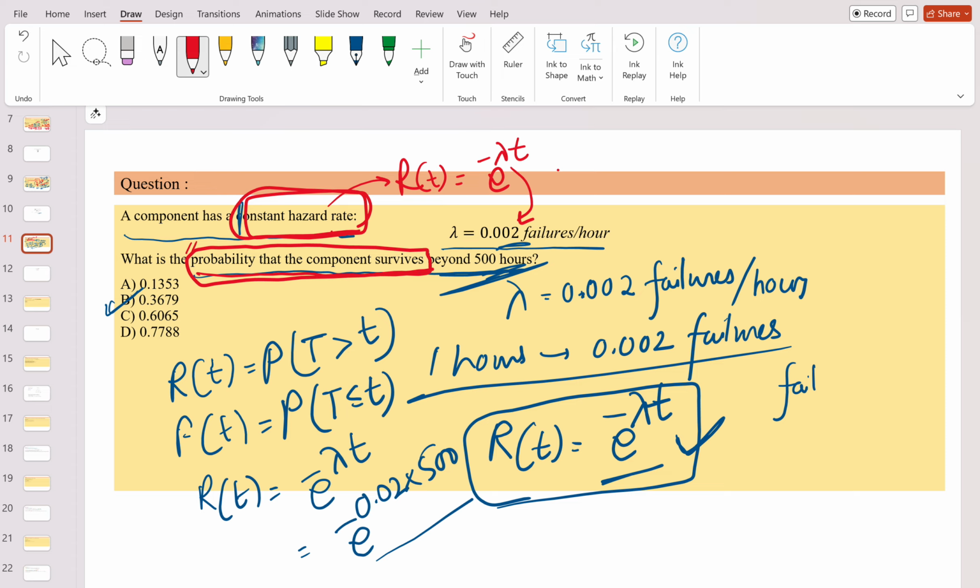Lambda is already given, you just have to find it at 500 hours, so it will be e to the power minus 0.002 multiplied by 500. So this will come out to be 0.3679.